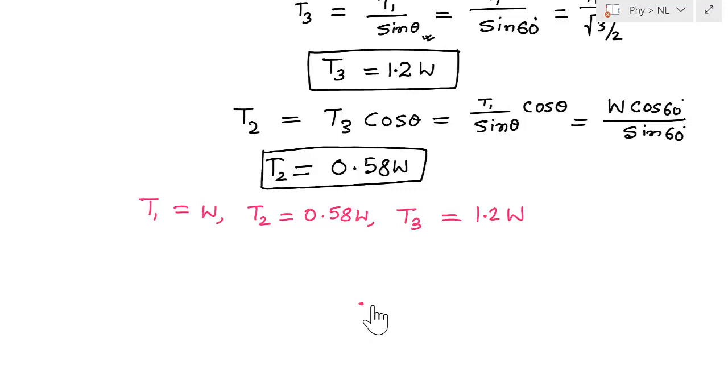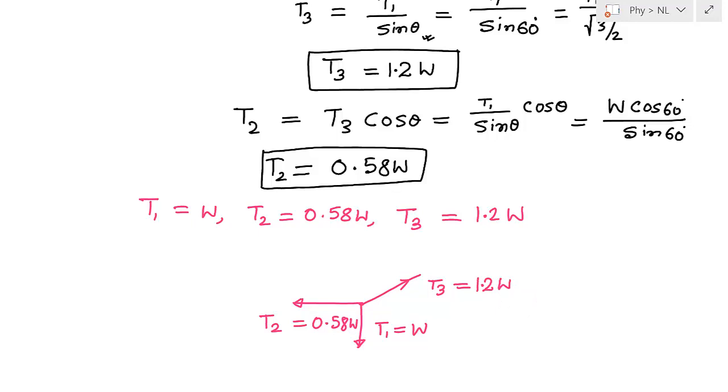You remember, if you draw a free body diagram for the ring, you have T1 in the downward direction, which is equal to W. You have T2 in the horizontal direction, and this is nothing but 0.58 W. And then you have T3 at an angle of 60 degrees, this is 1.2 W.